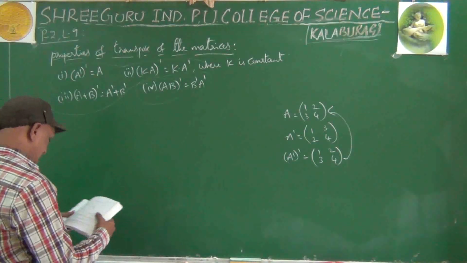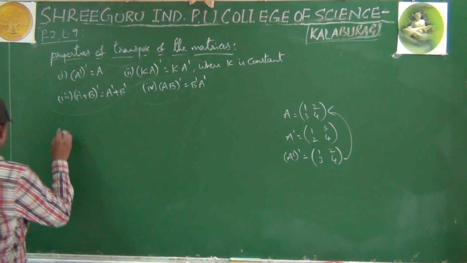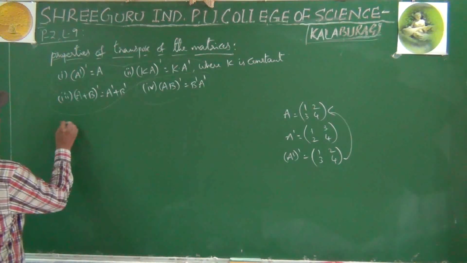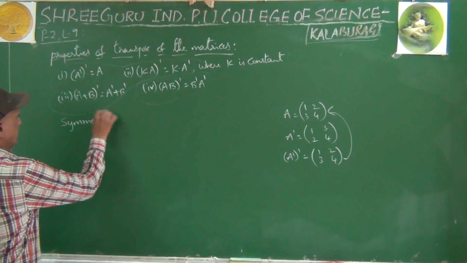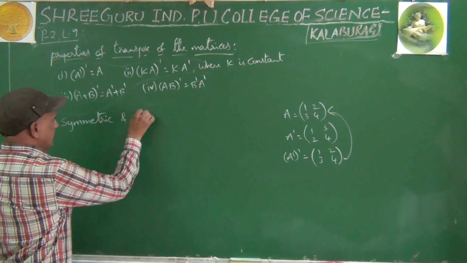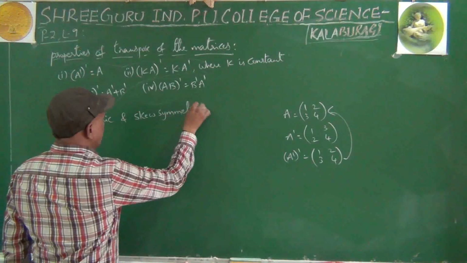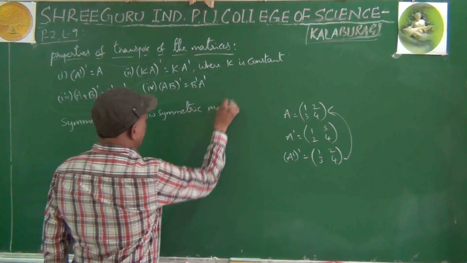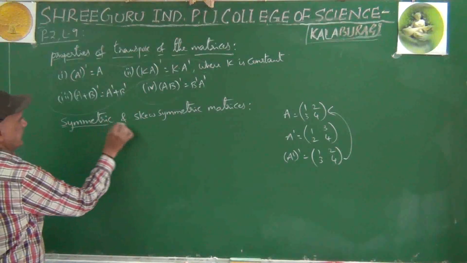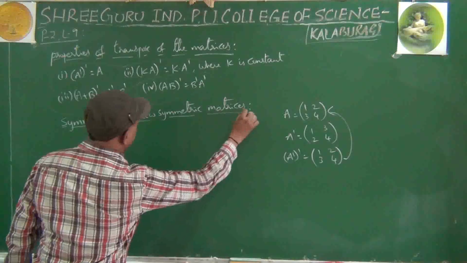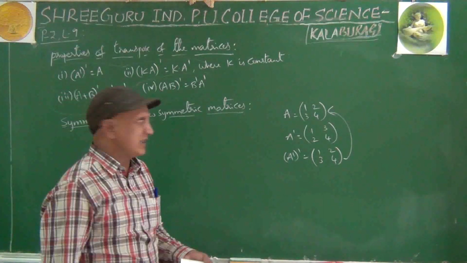Next property is over. Next definition is symmetric and skew symmetric matrices.